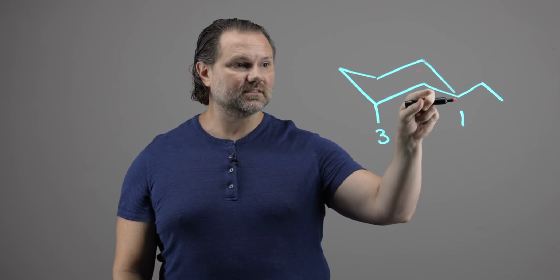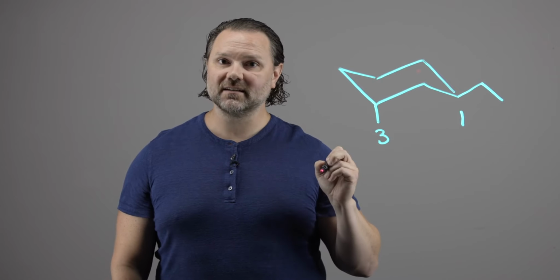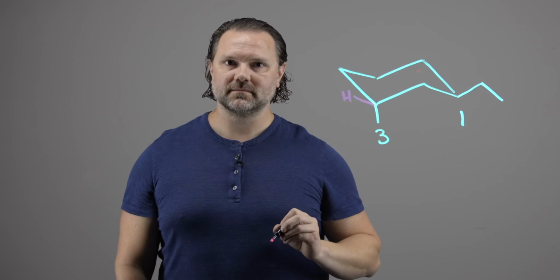And in that case, if we're using these two, then this bond and that bond are the set of parallel lines that we're going to use as our guide. So we're going to be parallel to them, but we don't want to go down because we already have the axial that's down. The hydrogen would be up.